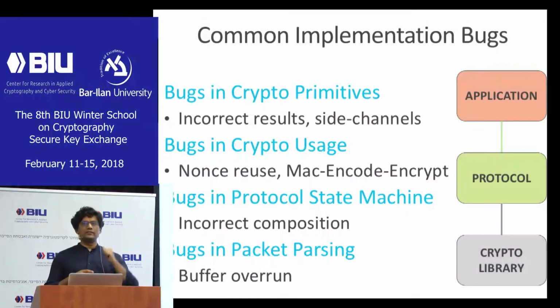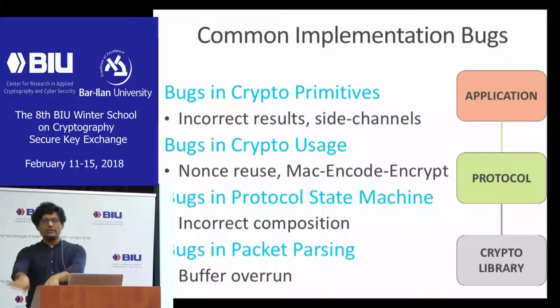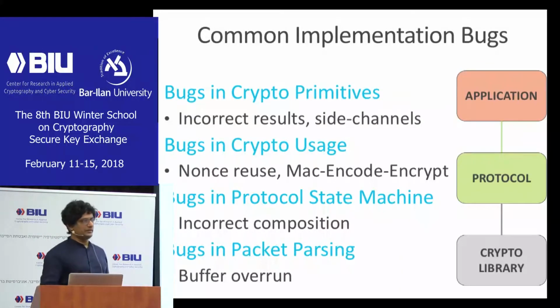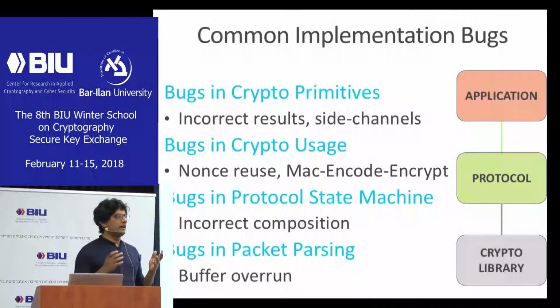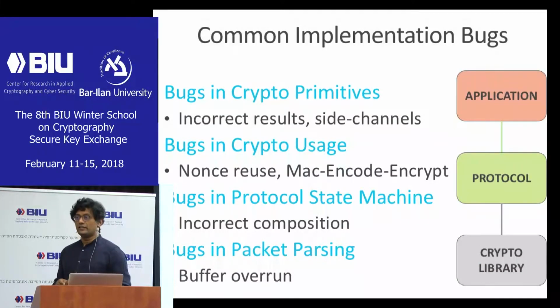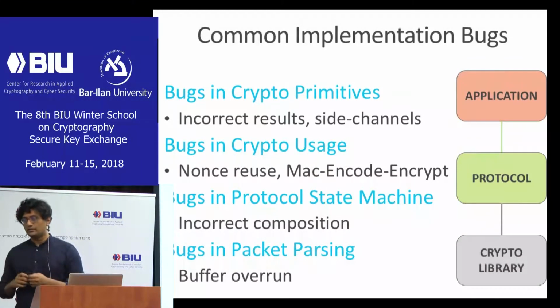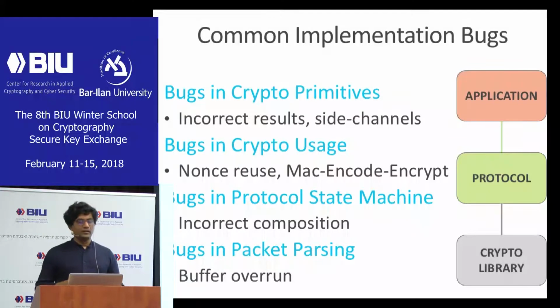The first class, the lowest layer of attacks, is bugs in crypto primitives. We will see some of them in the talks to come. Your crypto algorithm itself may produce incorrect results or may have side channels, and you might want to prevent that because otherwise your keys might be in danger.